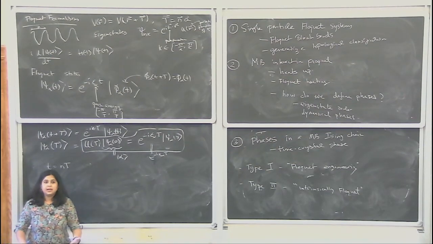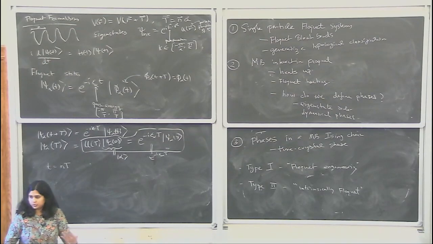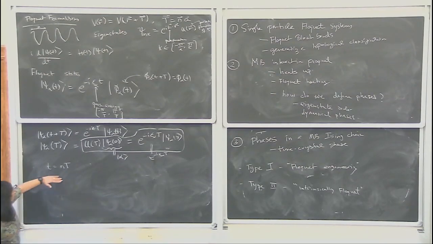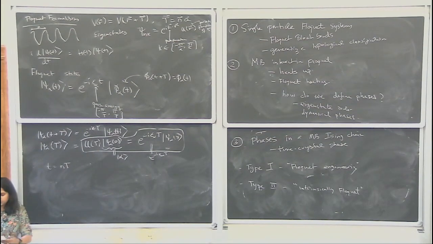Okay, so this is exactly analogous to a time-independent Hamiltonian. If you want to know the dynamics in time, you have the eigenvalues and eigenvectors of your Hamiltonian. You can take any state, expand it in that basis, and that's enough to give you the time evolution of any initial state. So likewise, if you probe the time evolution stroboscopically, all you need to know is the spectrum of this time evolution operator over one period.